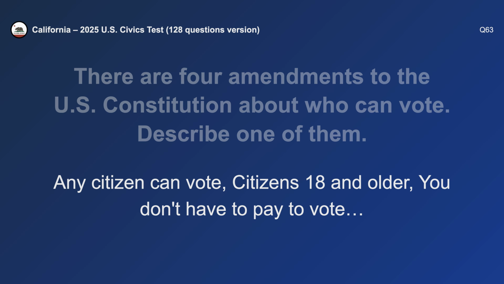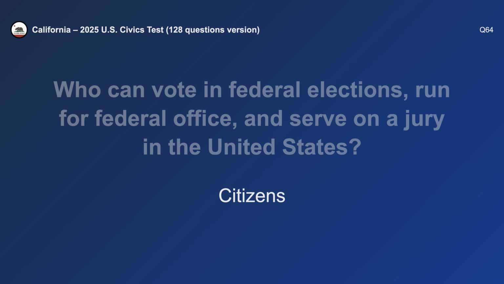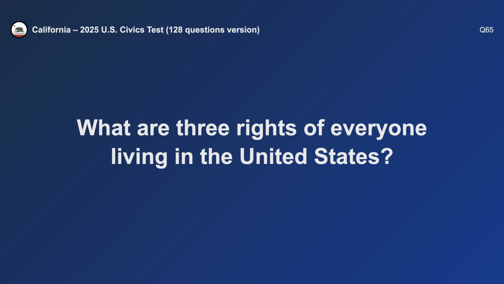Any citizen can vote. Who can vote in federal elections, run for federal office, and serve on a jury in the United States? Citizens. What are 3 rights of everyone living in the United States?